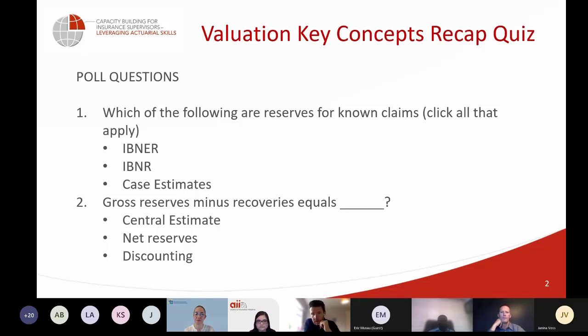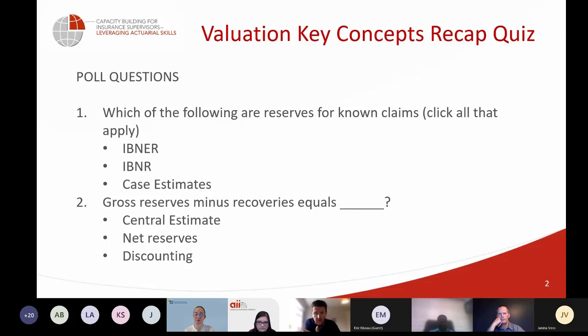And then IBNR itself, incurred but not reported, is where you don't know about the claims yet at all. They've happened, but you haven't been notified. The insurer has not yet been notified, so you don't know about them. So the one that's missing from those three is IBNR. So IBNR does not apply to known claims because you don't know about them yet. So for known claims, you will have a case estimate.